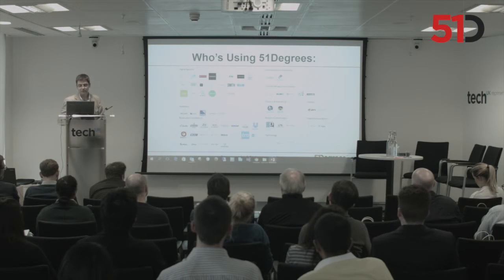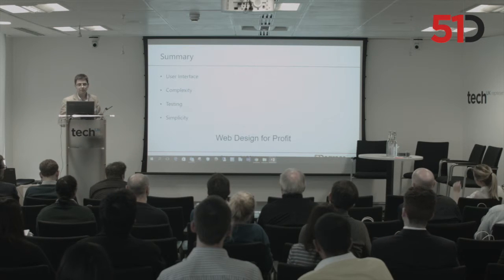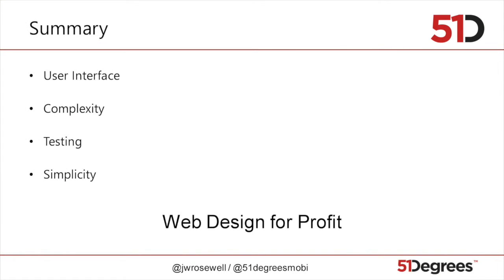So, in summary, the user interface is different by device. To try and treat the user interface exactly the same on every device, I think, does lead to mediocrity. There are cases where that could be improved, and we've talked about that in various different forms.